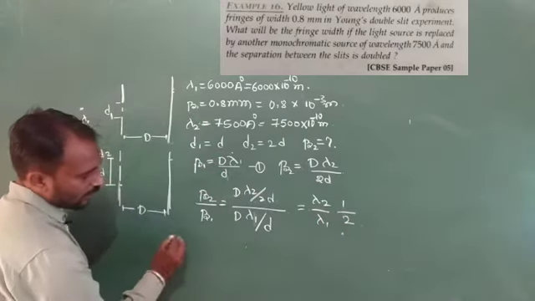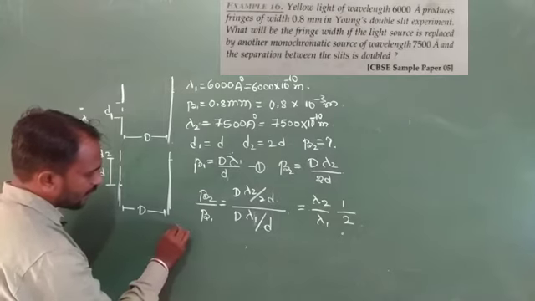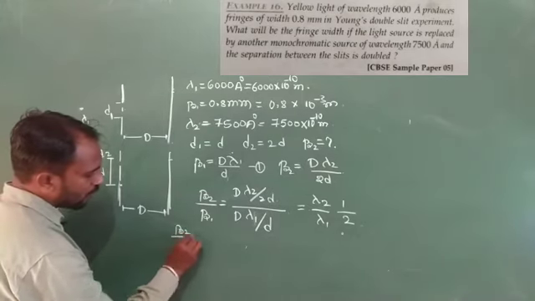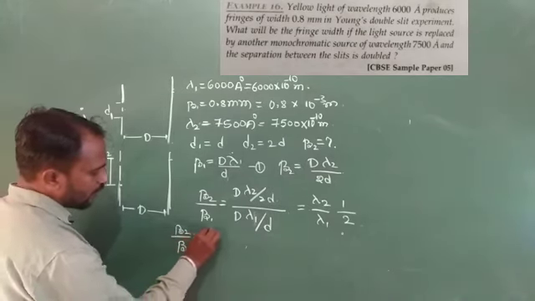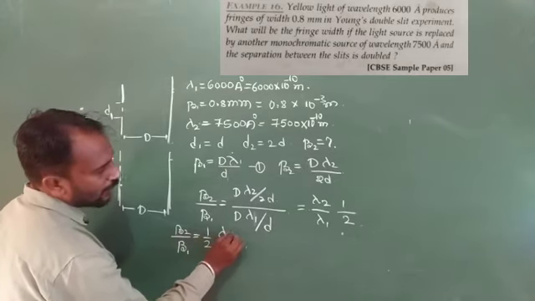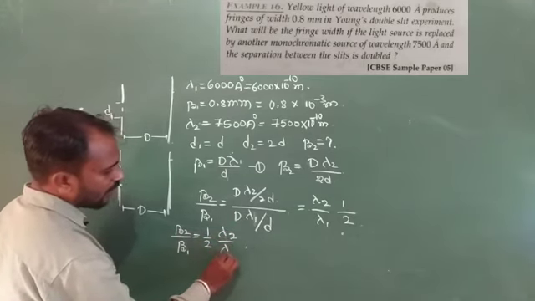So the final equation is beta 2 by beta 1 is equal to 1 by 2 into lambda 2 divided by lambda 1.